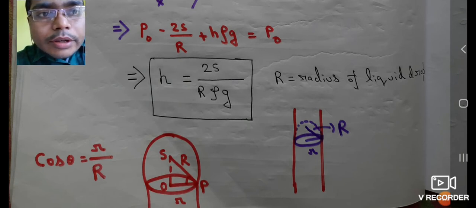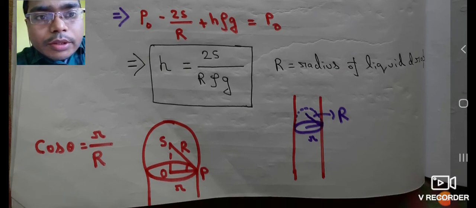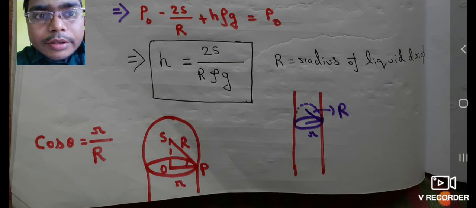So how can we find an expression between the radius of the liquid drop and the radius of the capillary tube? For this I have drawn two separate diagrams. In the first diagram you can see that the shape of the meniscus will be a spherical shape. So here capital R represents the radius of the liquid drop and small r represents the radius of the capillary tube.